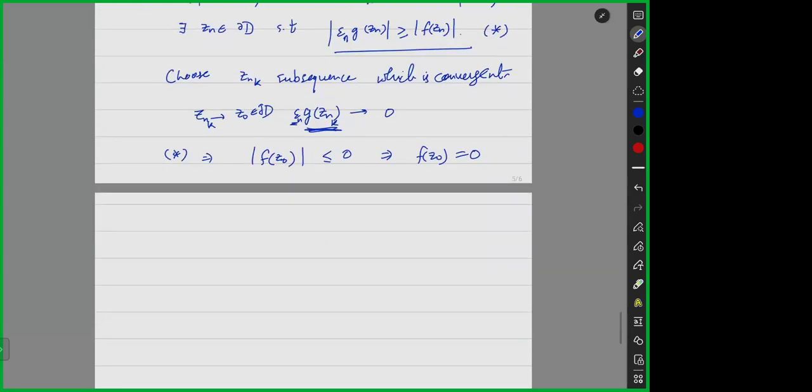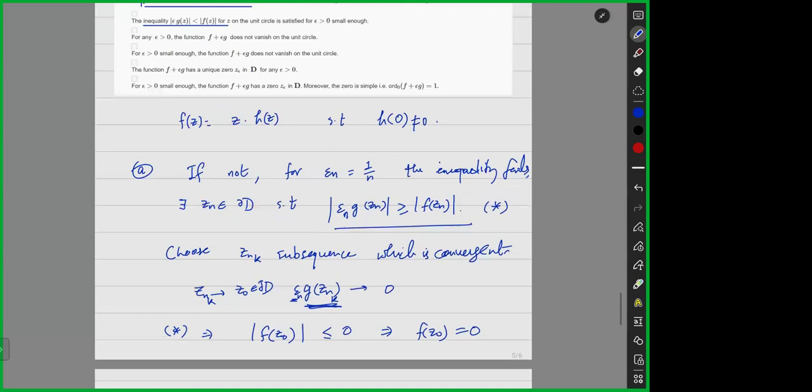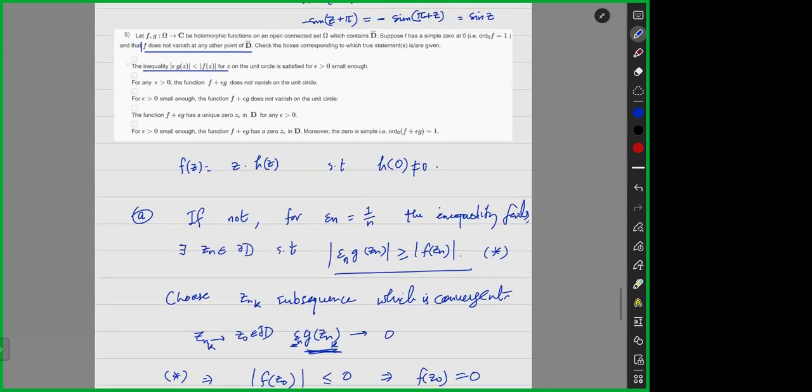So we got a point where f of z naught is 0. This is a contradiction, so this inequality holds for epsilon small enough.